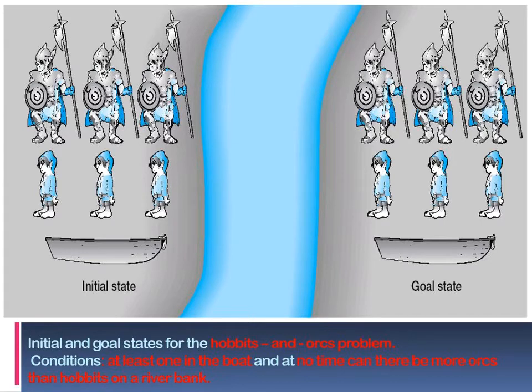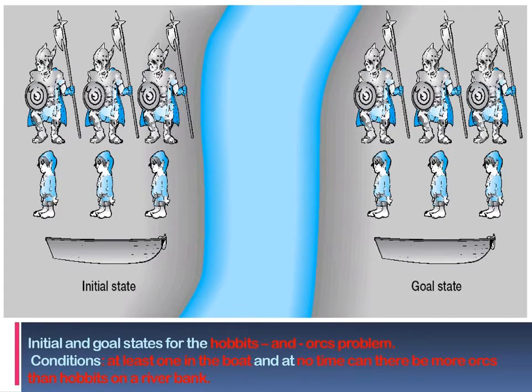So again, the initial state is that there are 6 creatures, 3 hobbits and 3 orcs, and the goal state is for all of them to cross the river using this boat. However, one of the obstacles in this problem is that you need to make sure that when you transfer these creatures, the orcs shouldn't outnumber the hobbits, or else they will be eaten, and that's the problem there.